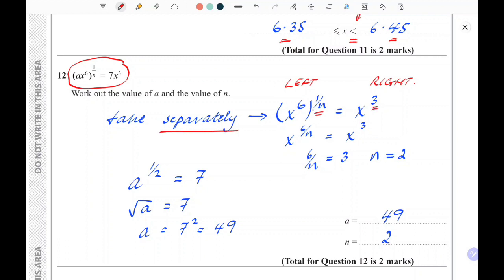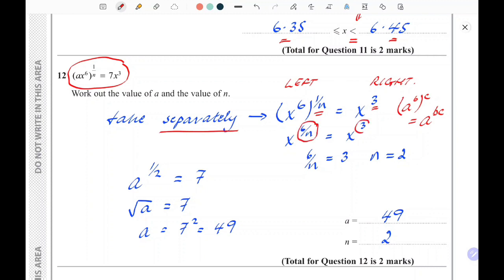So remember the rule that a to the power b, all to the power c, must equal a to the power bc. You multiply the powers. So 6 times 1 over n becomes 6 over n.